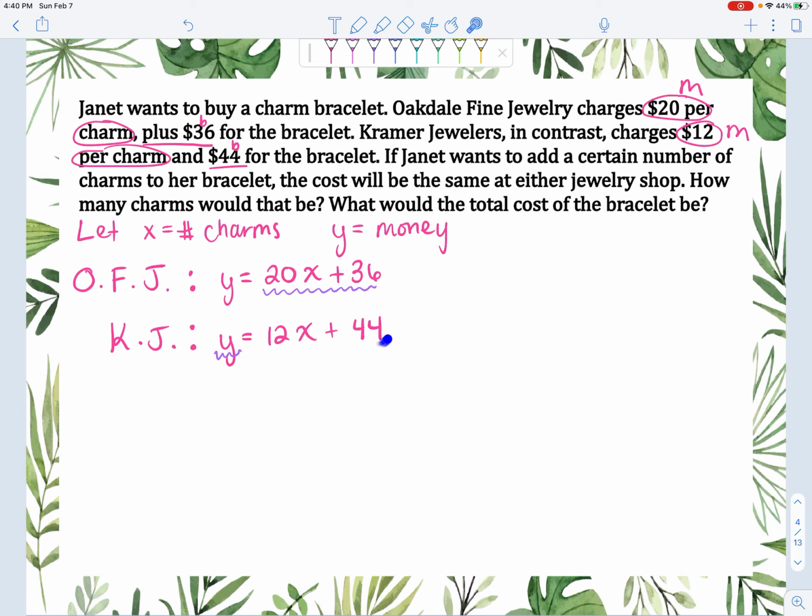And again, I could have done it the other way. I could have taken this expression down here and substituted for the y up here. It doesn't matter. You should get the same answer no matter what. So I'm just going to set them equal and solve for my x. Subtract 12x to get my variables to one side.